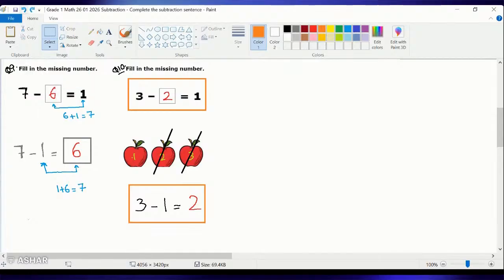Let's try to make it a little more interesting for this. Sorry, let me just copy. Okay. So the next question, if I would say 5 minus something equals to a 4, right?